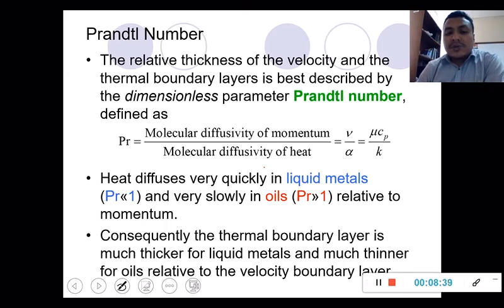Heat diffuses very quickly in liquid metals, where the Prandtl number is less than 1, and very slowly in oil, where the Prandtl number is larger than 1, relative to momentum. Consequently, the thermal boundary layer is much thicker for liquid metals and much thinner for oil relative to the velocity boundary layer. I think when we talk about the velocity boundary layer, you have learned a lot during the subject of fluid mechanics.